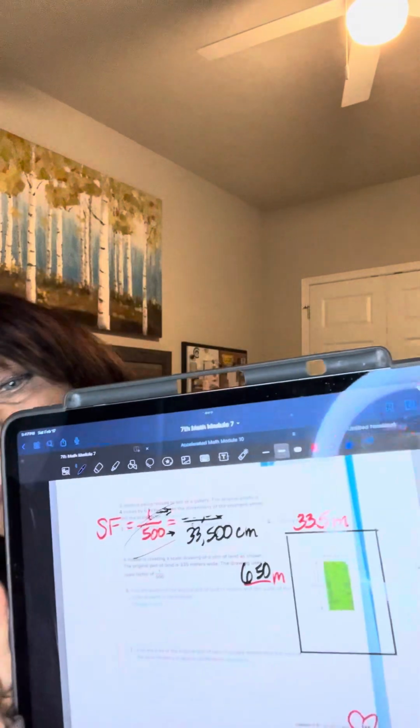Okay, so this would mean I am now going to cross multiply and divide by lonely number 500. So when I do 33,500 divided by 500, I end up getting 67.